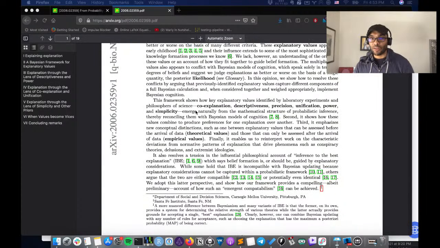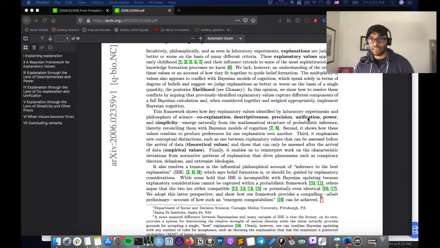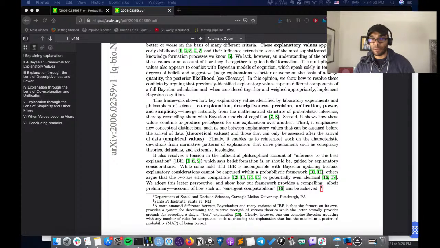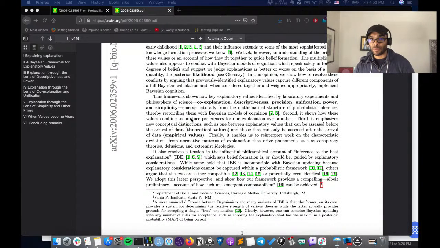This framework shows how key explanatory values identified by laboratory experiments and philosophers of science, co-explanation, descriptiveness, precision, unification, power, and simplicity emerge naturally from the mathematical structure of probabilistic inference, thereby reconciling them with Bayesian models of cognition. Secondly, it shows how these values combine to produce preferences of one explanation over another.